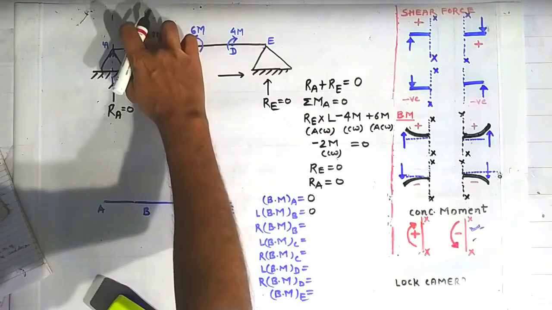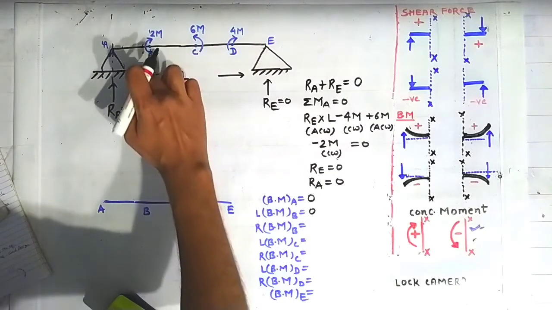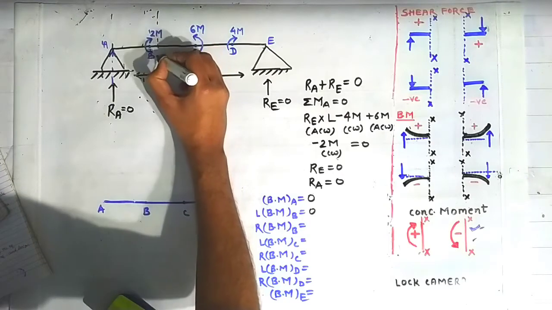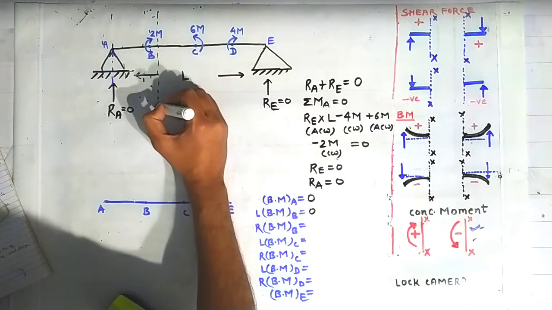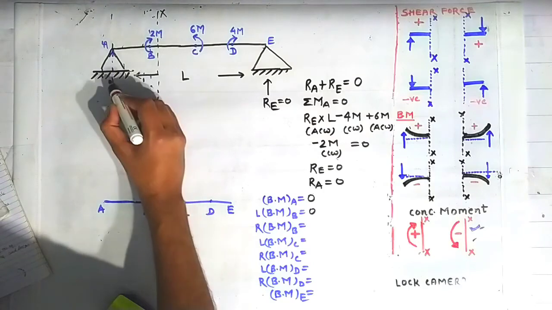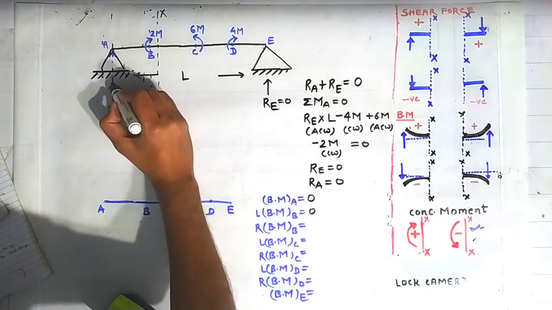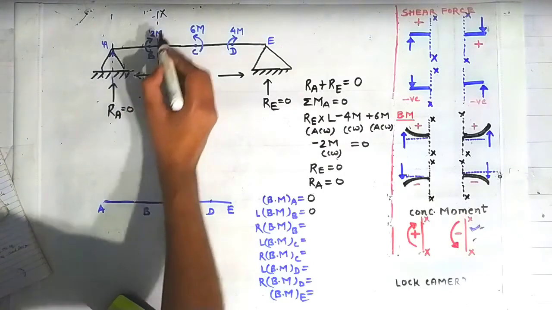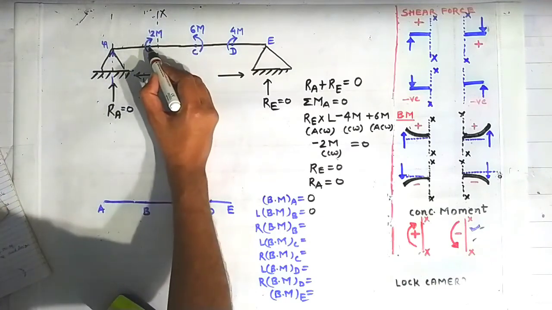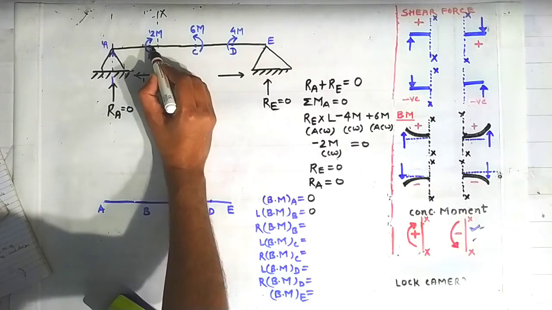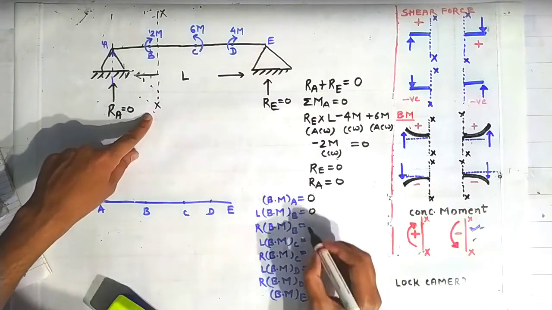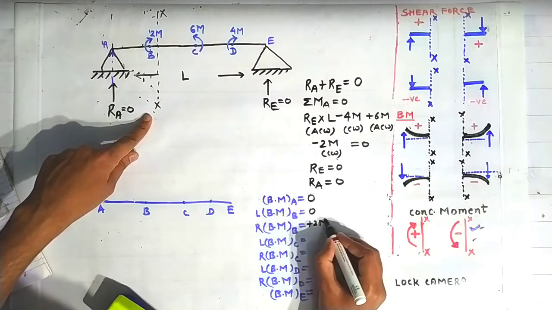Now on the right side of the point B, when we want to calculate the bending moment, then we have to construct here a section on the right side of the point B. So this is a section constructed here on the right side of the point B. Now looking on the left side of this section, this force is contributing 0 bending moment about this section XX because its magnitude is 0, and this concentrated moment is creating a bending moment of 2m about this section XX, and it will have a positive sign using this sign convention.